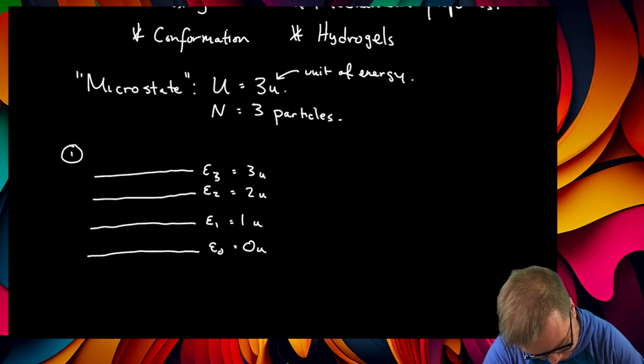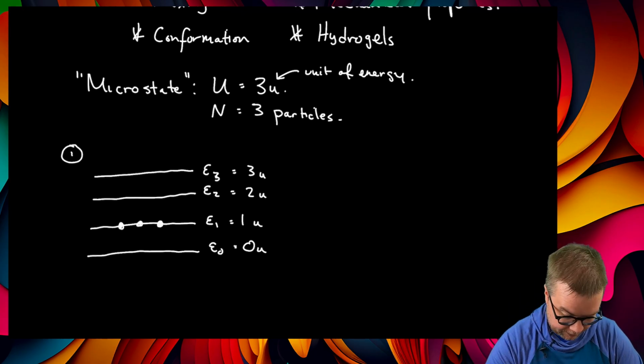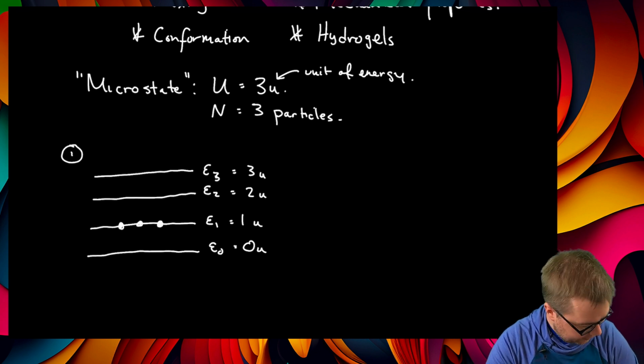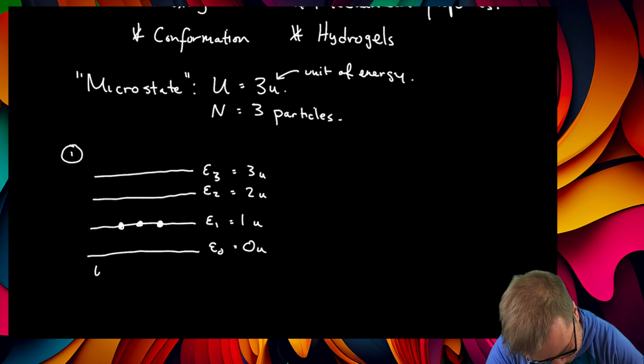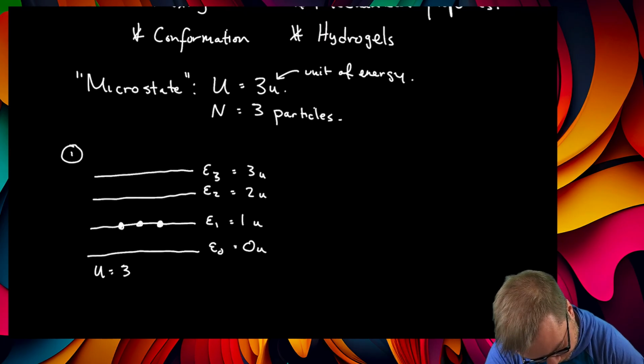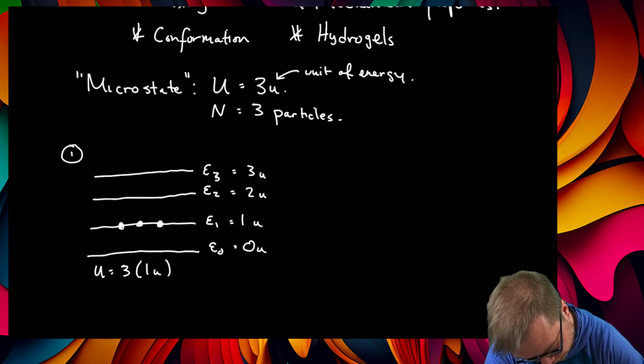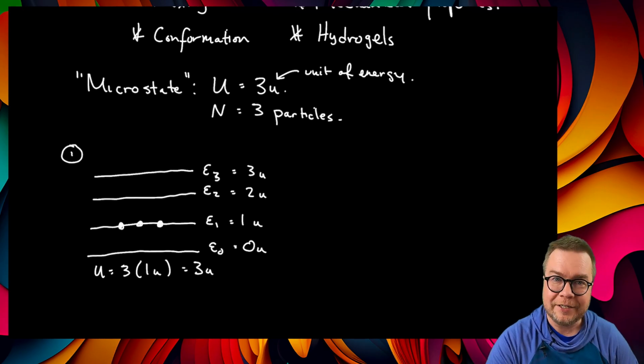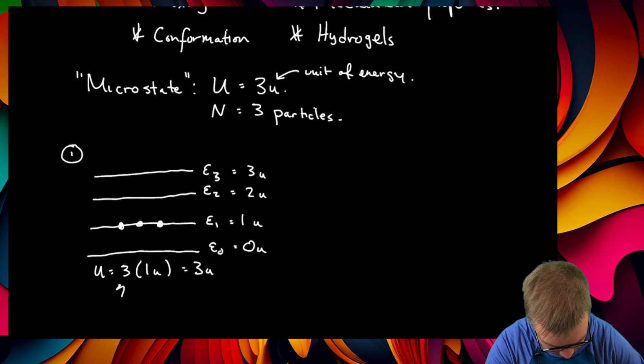Well, one way that I could do it is I could put all of the particles in that epsilon 1 energy level. And then in this case, the internal energy of my system would be 3 times 1U, or 3U. How many ways can I do this? I can do this exactly one way.